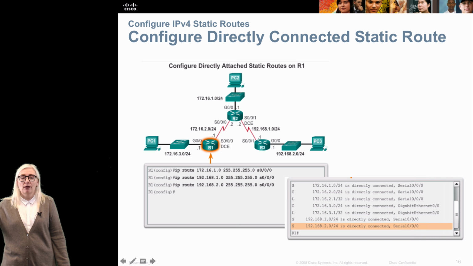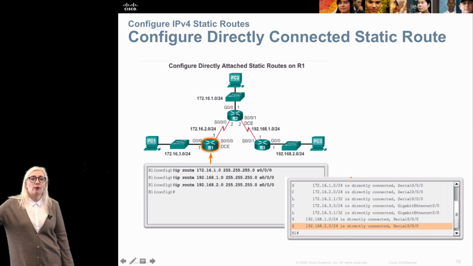It's not the neighbor as it is when we are using the next hop IP, but it's the router's own exit interface, or serial interface in this case. So here, instead of using the next hop IP address, we can make the same routes, just saying that I want to send them out on my serial 0/0/0.